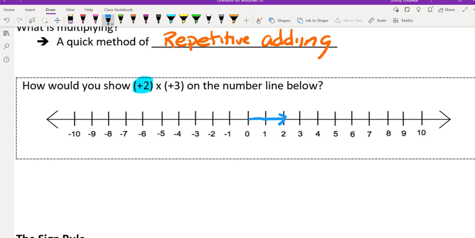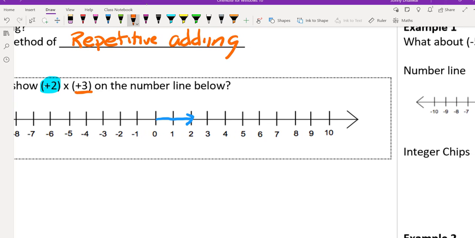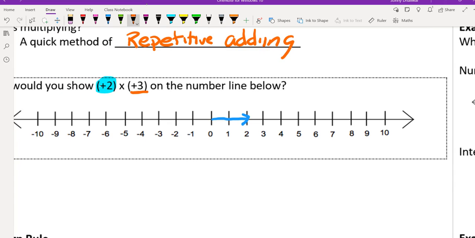Now, the second term that you multiply is your skip counting. How many times do we repeat this? This gets repeated 3 times. We've got 1 arrow already shown, so we need to repeat it 2 more times.